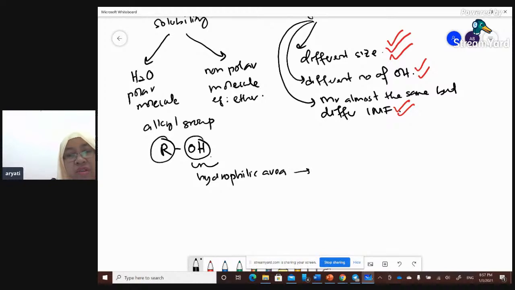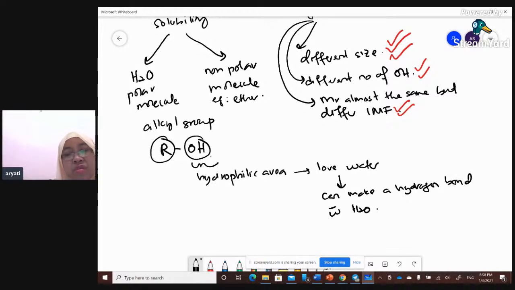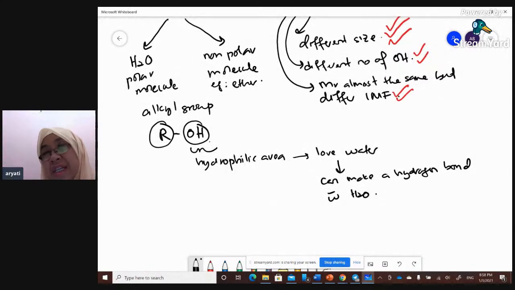Hydrophilic area tu maksudnya dia love water. So bila dia love water, dia can make a hydrogen bond with water. So therefore, kebanyakan alcohol dissolve in water.